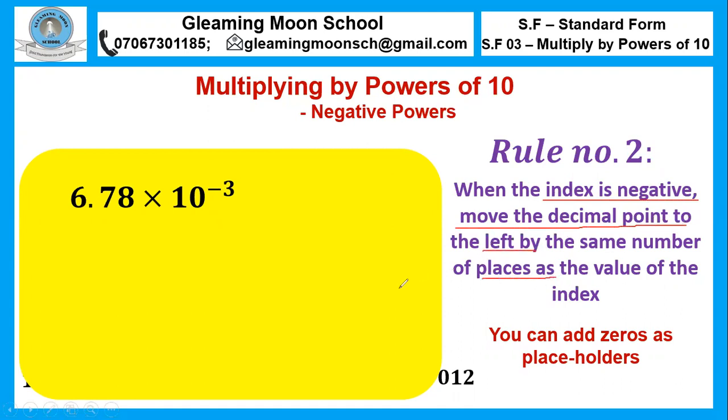And how many places? So here's your power, negative 3. So we are going to the left how many times? 3 times. So from here, you go 1, 2, and 3. So your new decimal point will now be here.